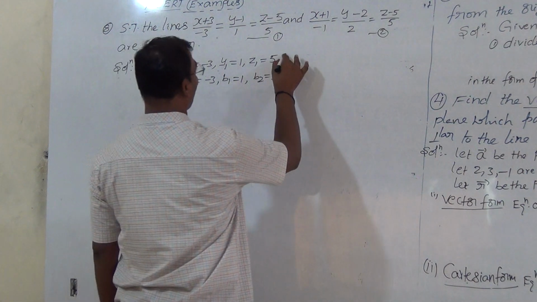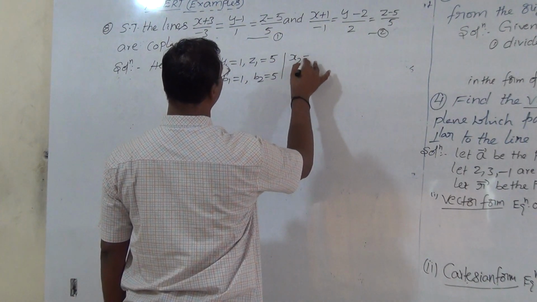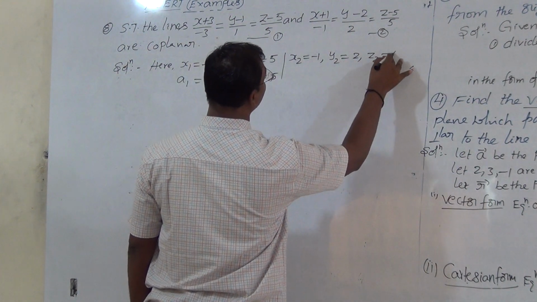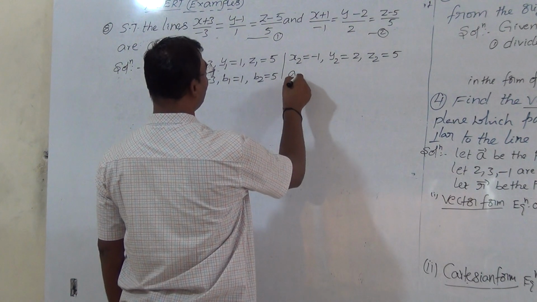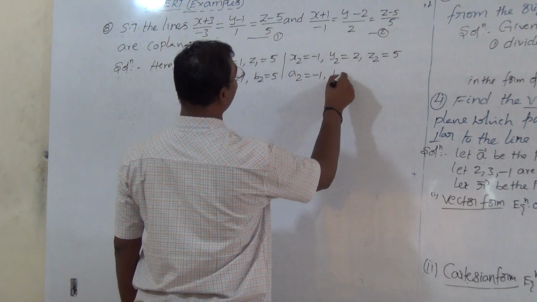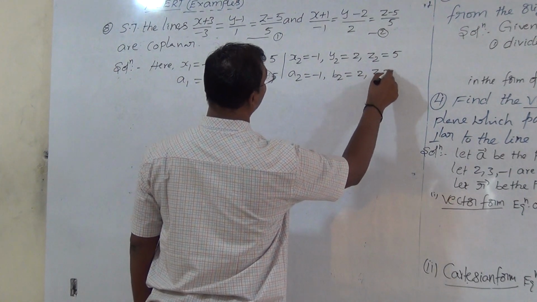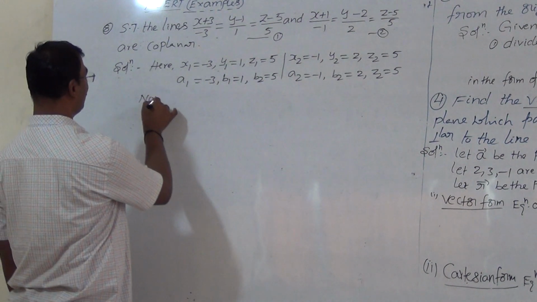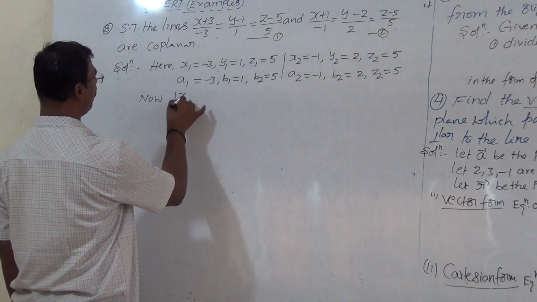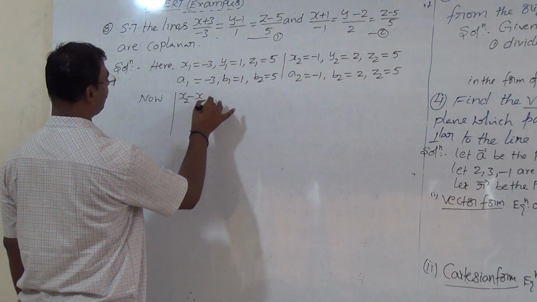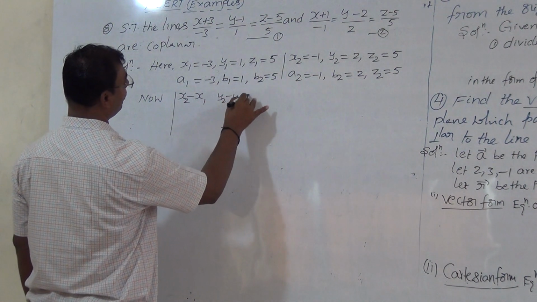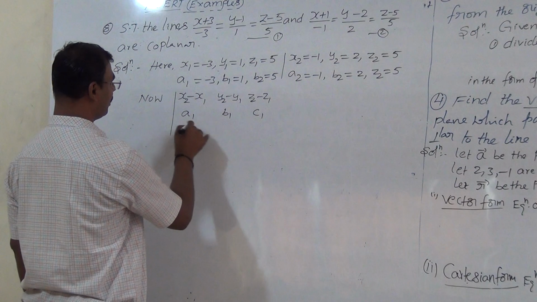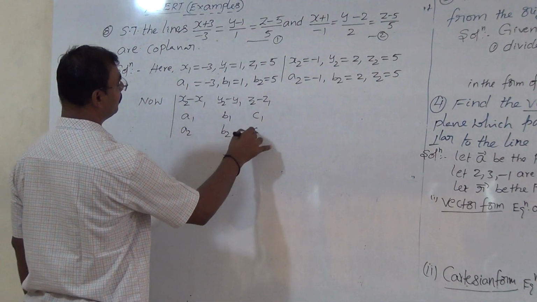From the second line, x2 equals minus 1, y2 equals 2, z2 equals 5. a2 equals minus 1, b2 equals 2, c2 equals 5. Coplanar condition: now we have to show this condition. The determinant formula is x2 minus x1, y2 minus y1, z2 minus z1; a1, b1, c1; a2, b2, c2.